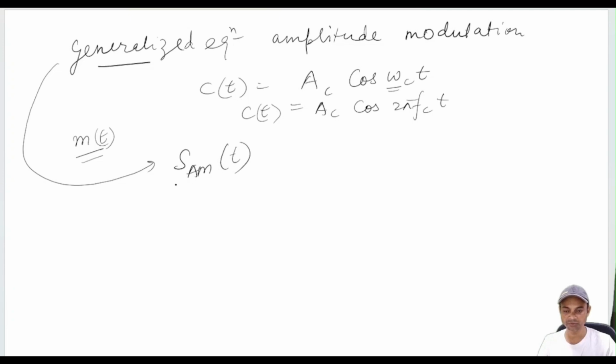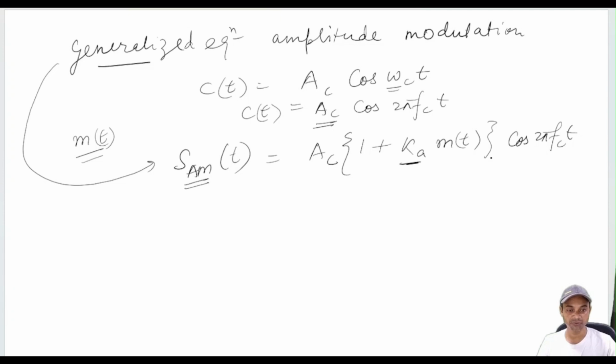Then the generalized equation for the amplitude modulated signal, s_AM(t), is equal to Ac into 1 plus Ka m(t), cos 2 pi fc t. I will talk later about what Ka is. What we have done is just change the amplitude.